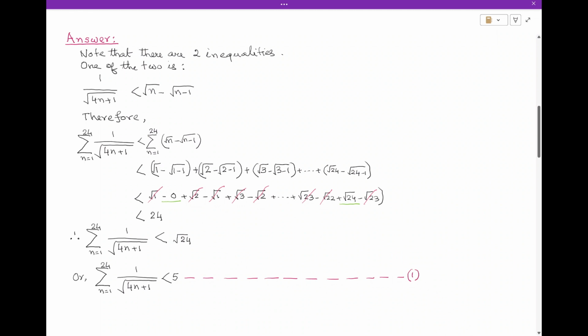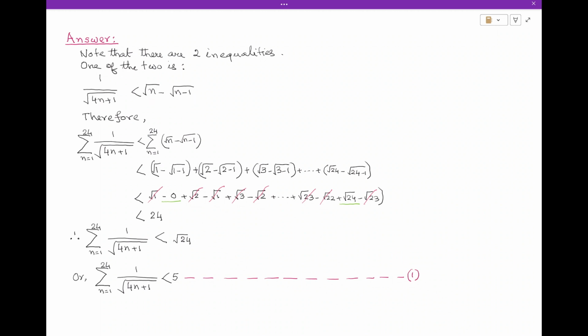Note that there are two inequalities. One of the two is the right hand side inequality, that is 1 divided by square root of 4n plus 1 is less than square root of n minus square root of n minus 1.